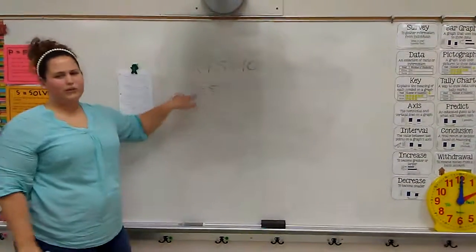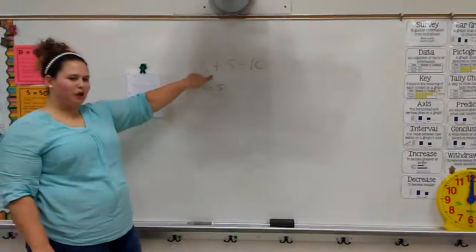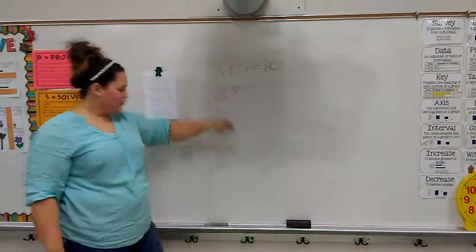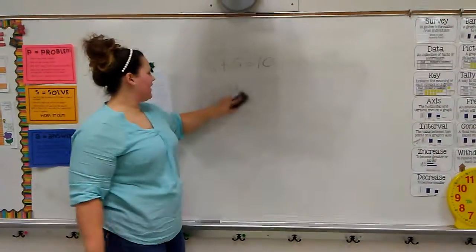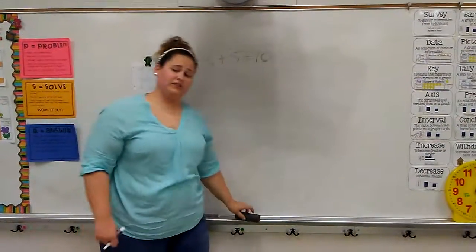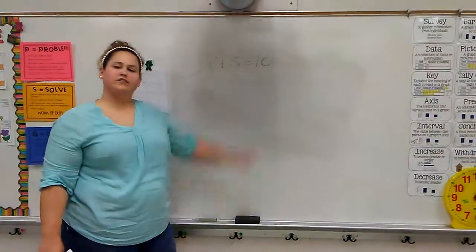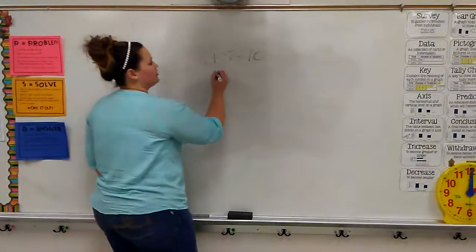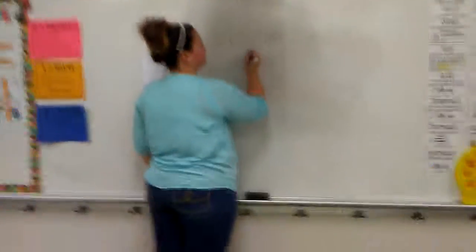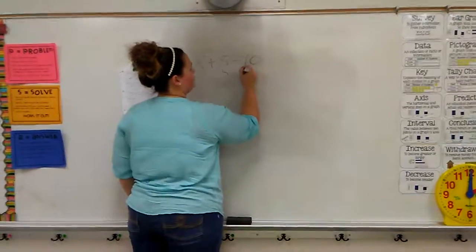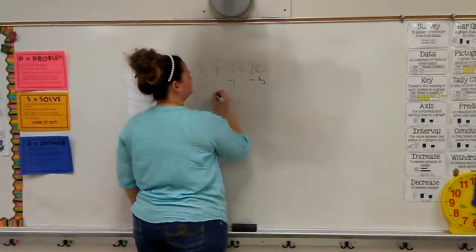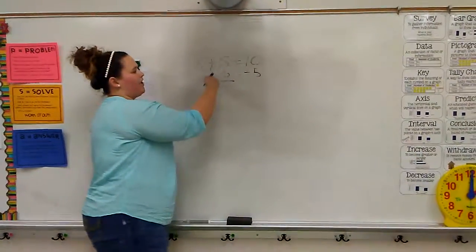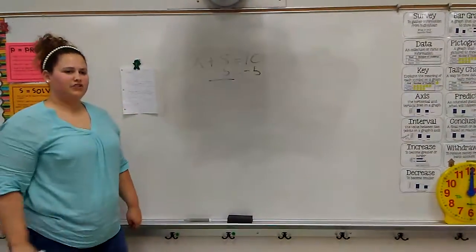But we can't just say that. We got to figure out how to solve it, right? So what we do when solving an algebraic equation in addition is we subtract on both sides. So we do minus 5 here and minus 5 here. So what's 5 minus 5? Jesse.